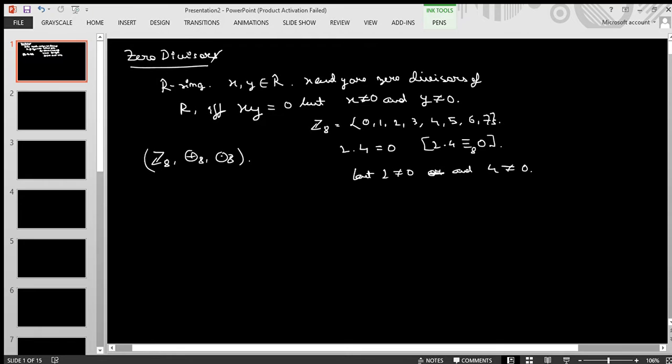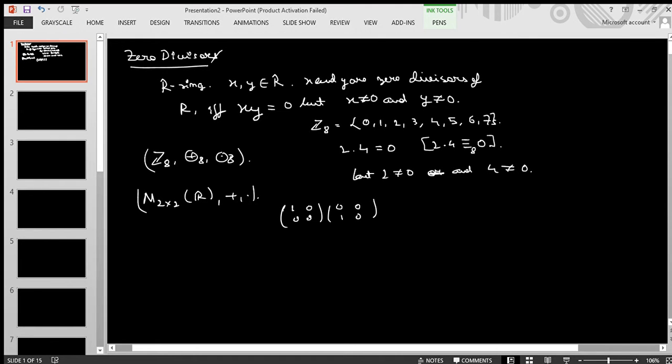Is it clear? You can also take the example of the M2 into 2 matrices. So in the case of 2 by 2 matrices, a very fine example is the matrices [1 0; 0 0] and [0 0; 1 0].